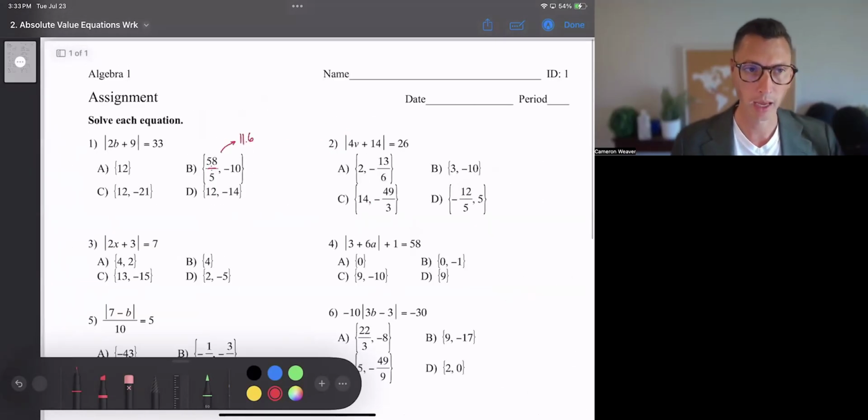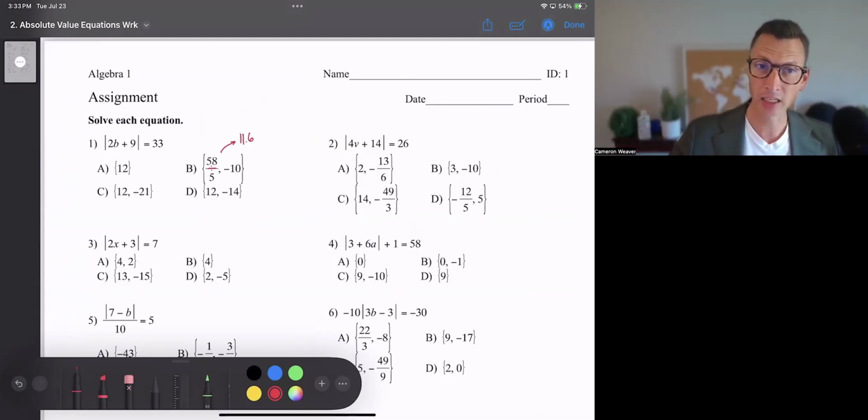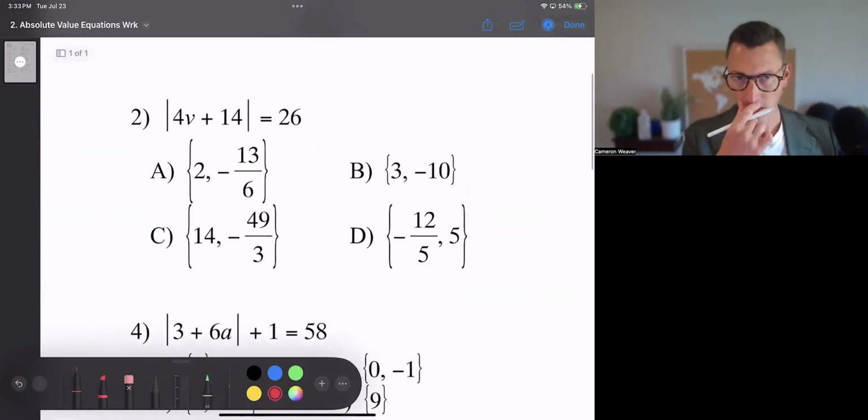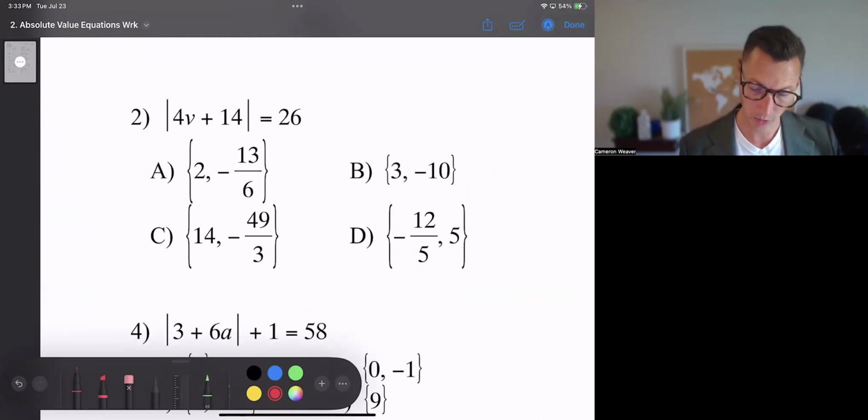Now, I'm not telling you that to insinuate that answer option B is the answer, because I really don't think it is. But as you begin to get decimals when you're working these out, that's all you have to keep in mind. What I would do on problem number 2 is literally convert all of those fractions to a decimal.